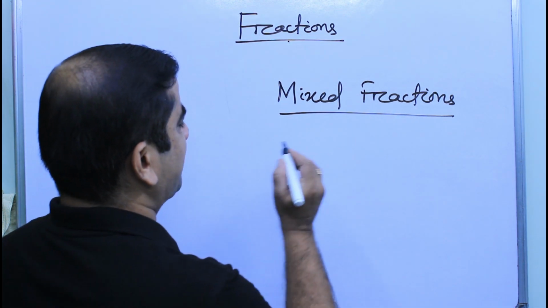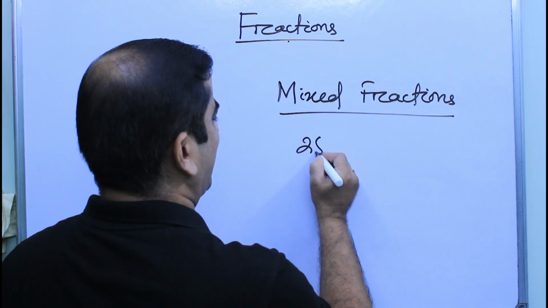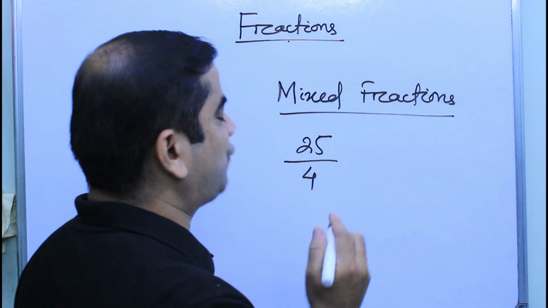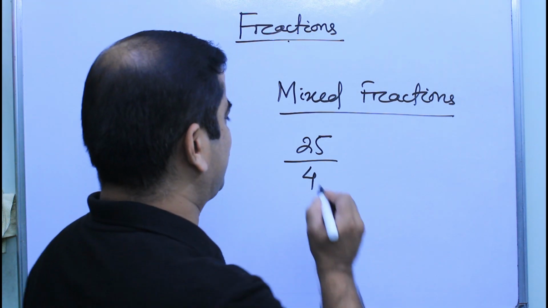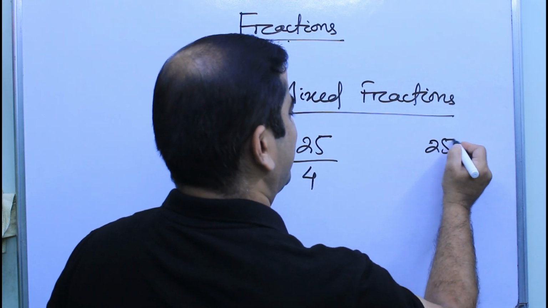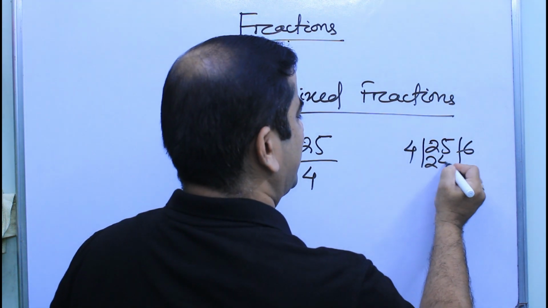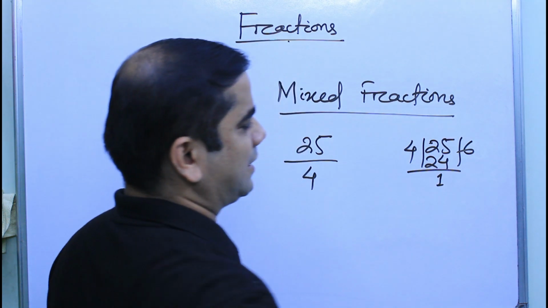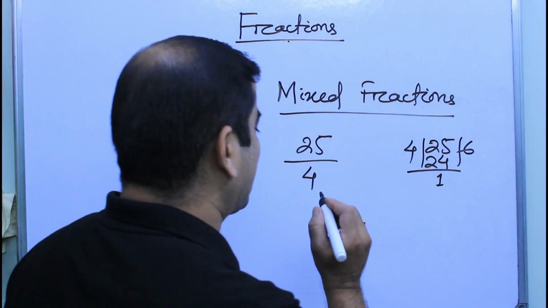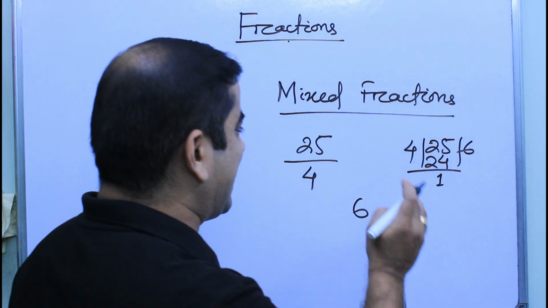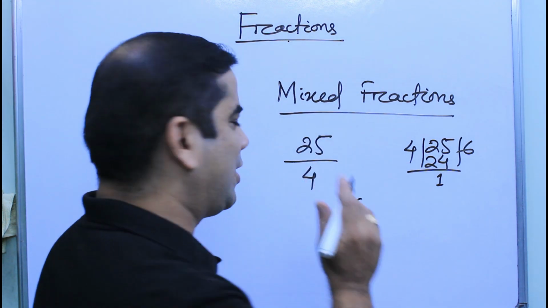Students, let us now convert another improper fraction into mixed fraction. Okay, so suppose the fraction is 25 by 4. First step, what should we do? We should divide 25 divided by 4. 4 6s are 24. Remainder is 1. So how to write it? First the quotient, which is the whole number part, 6. Then remainder divided by your divisor.